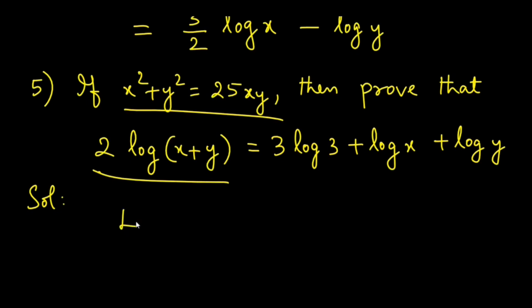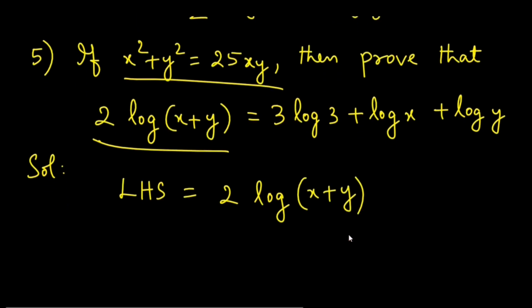LHS is equal to 2 into log of x plus y. Here we are given x square plus y square, so this is something like x plus y whole square. Here we are getting some terms involving x plus y whole square.